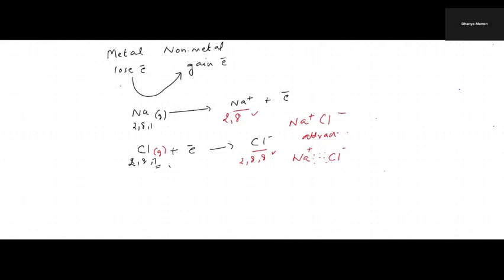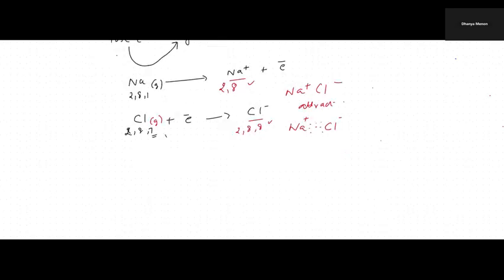You must have learned that in the gaseous state, the ions are not very stable. But when the sodium ion and chloride ion attract each other, they form the solid state. They become solid, and that is highly stable.